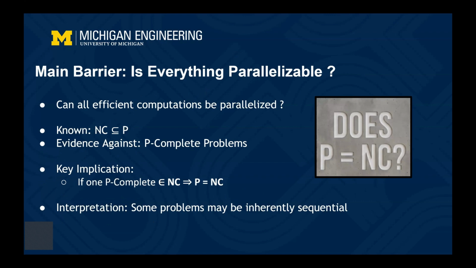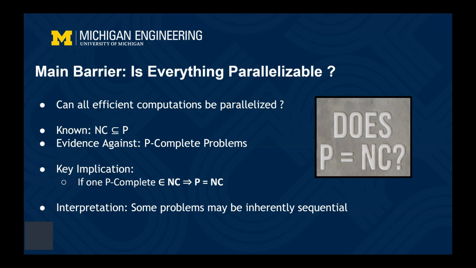We saw this question in the earlier slides. I'll just recall once. This connects back to the central question of parallel complexity. How much of efficient computation can actually be parallelized? We know that NC is contained in P because anything we do in parallel can always be simulated sequentially, but we do not know whether P is equal to NC.